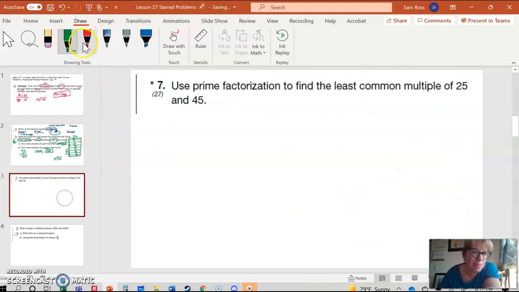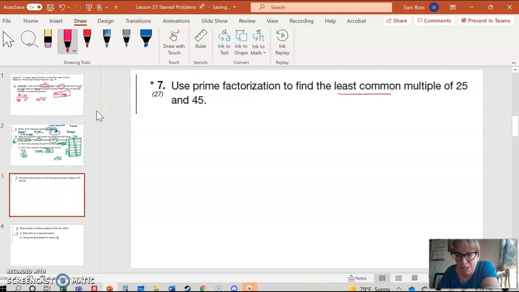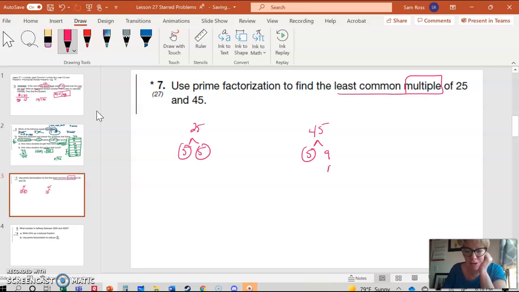Okay? Next one. Use prime factorization to find the least common multiple of 25 and 45. So let's do 25, 5 and 5. Those are both primes. 45, 5, 9, 3 and 3. All right. So if I have 25 with 5 times 5 and 45 with 5, oh, no, never mind, erase, erase.